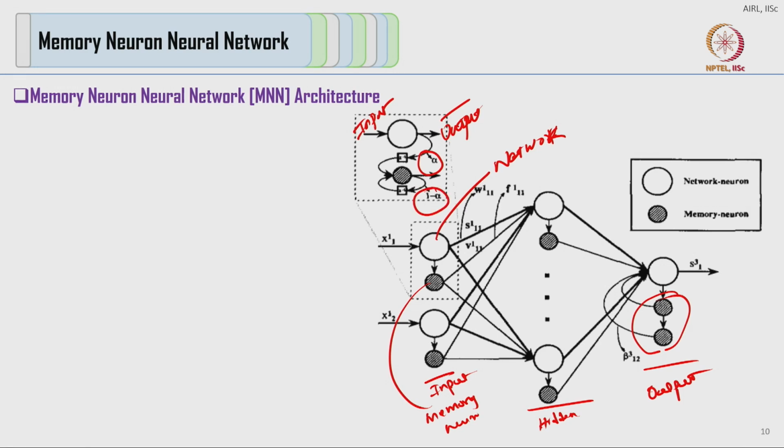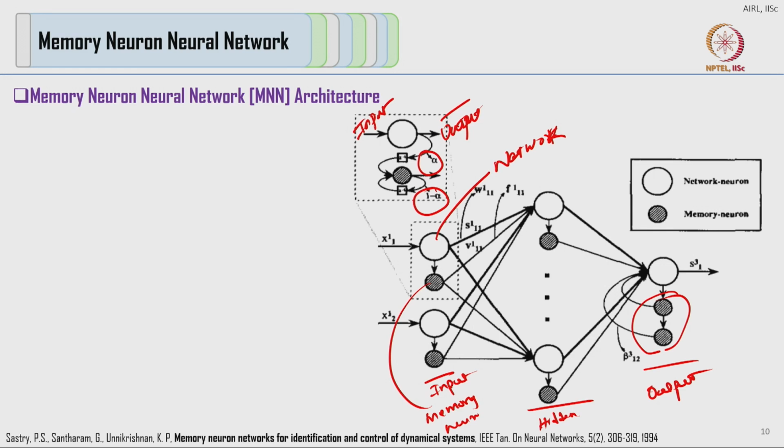So, there is a feedback. This inherent associative memory structure captures the recurrence relationship very well. If you want to understand more about memory neuron networks, there is an interesting paper published by Professor Sastry.